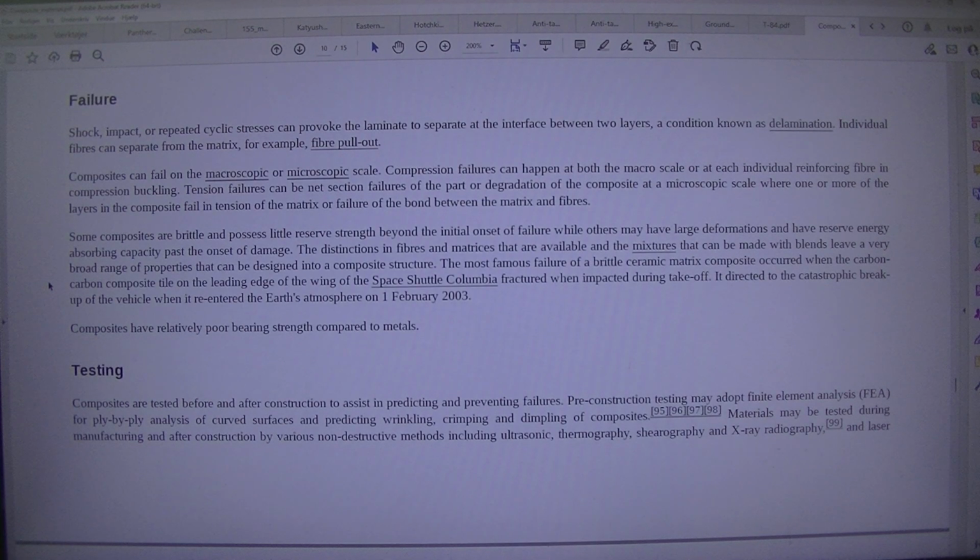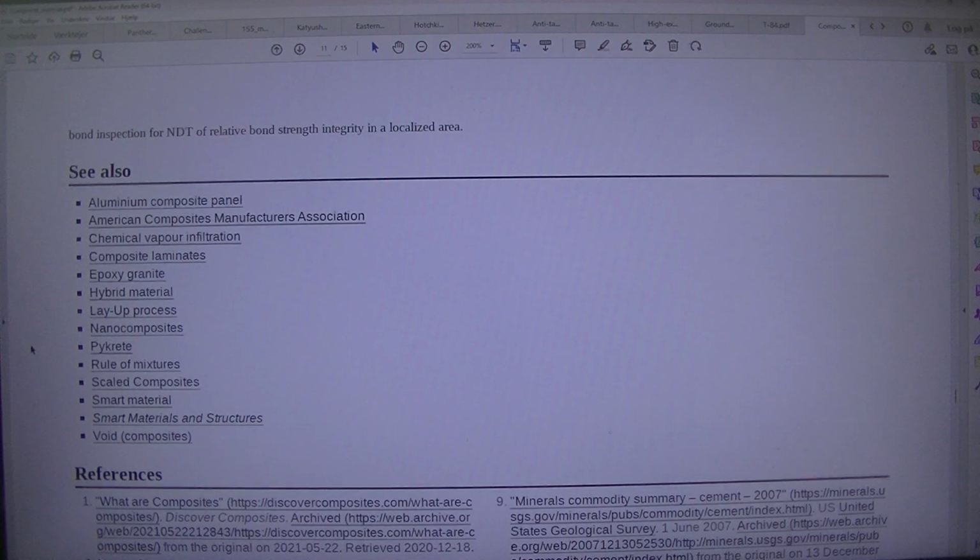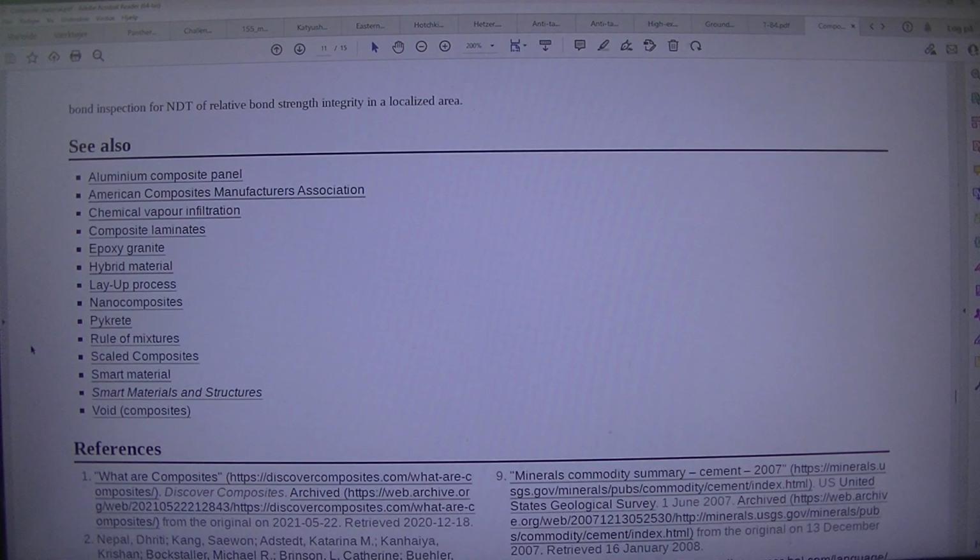Materials may be tested during manufacturing and after construction by various non-destructive methods including ultrasonic, thermography, xerography and X-ray radiography, and laser bond inspection for NDT of relative bond strength integrity in a localized area.